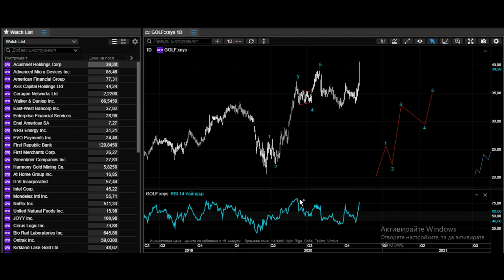This divergence that the RSI forms can only be observed between the third and fifth waves, which confirms that this is an impulse. In other words, when we look at a motion that we doubt whether it is an impulsive wave or not, we can check with the RSI whether it has formed a divergence between the third and fifth wave.